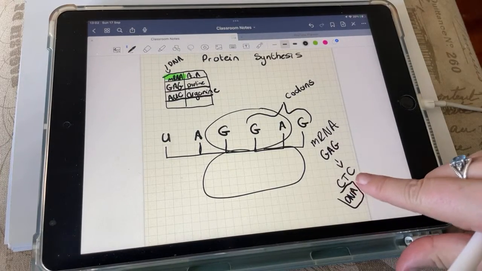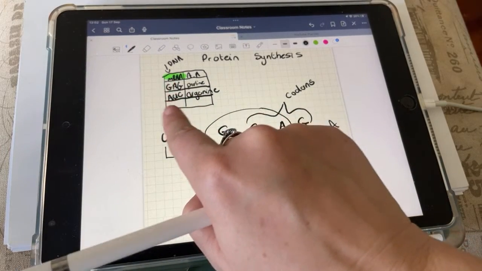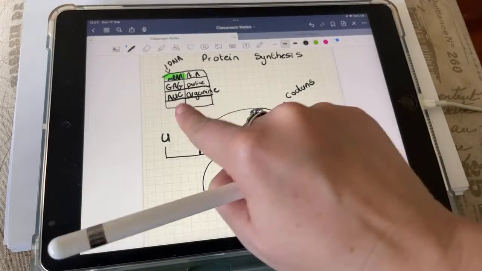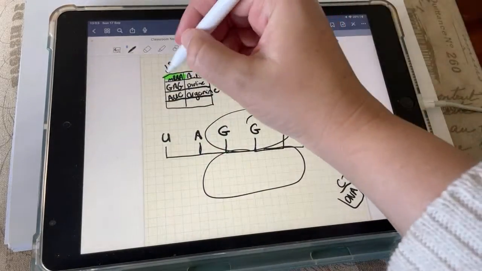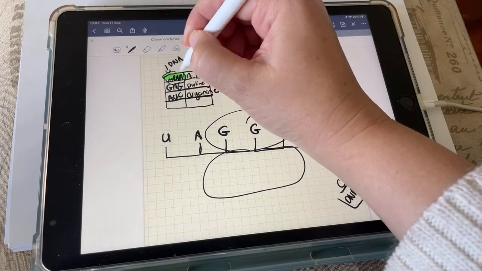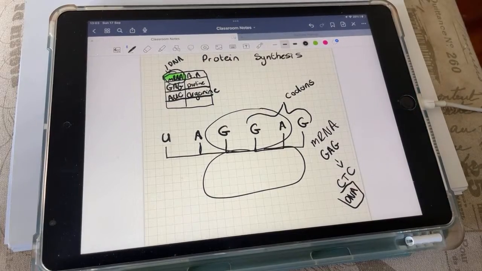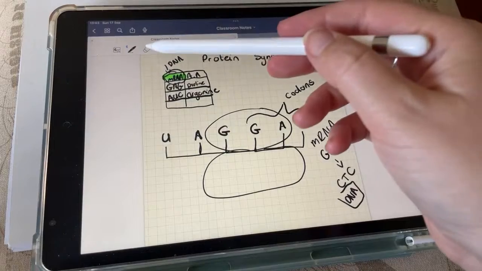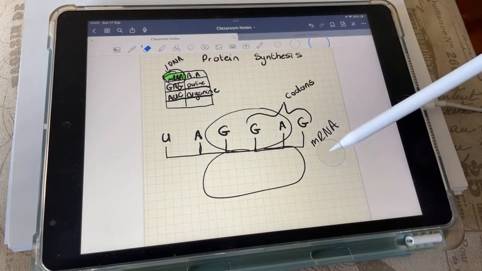So now you know the CTC, and so you can go back and you can go, oh, CTC is this protein, this amino acid. So you've got to be very careful about the headings. I would make sure that this is what the heading says. Be very clear, because they do like to trick you on that one a little bit. It's unfortunate, but it's to make sure you actually are reading the question.